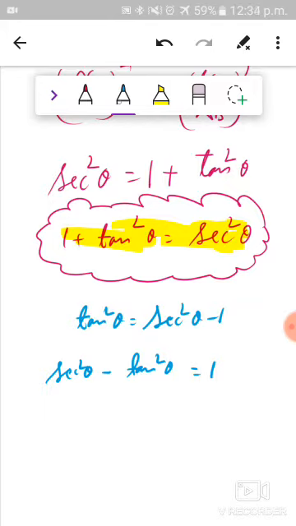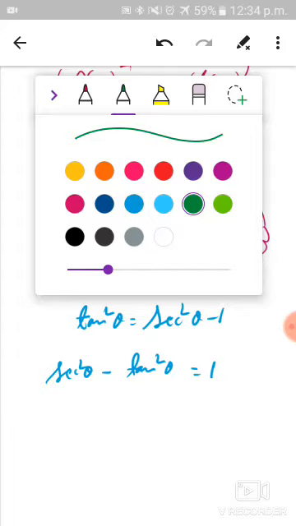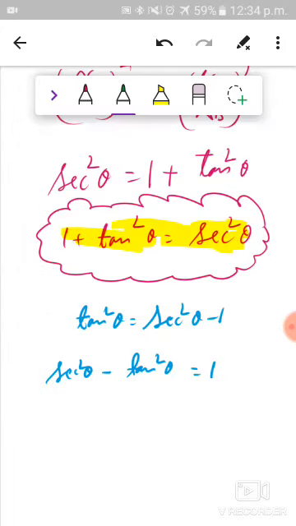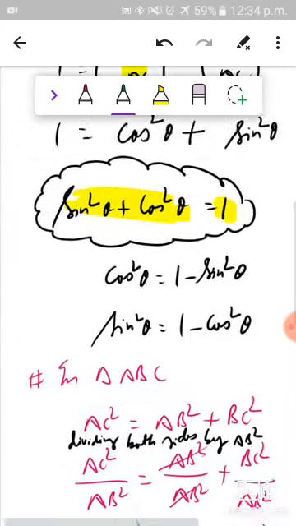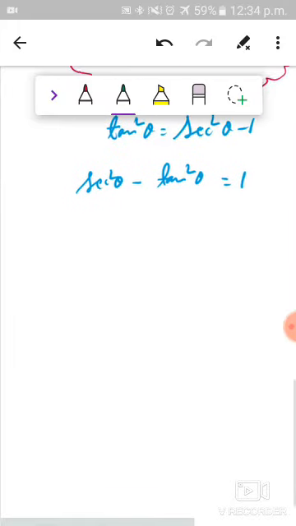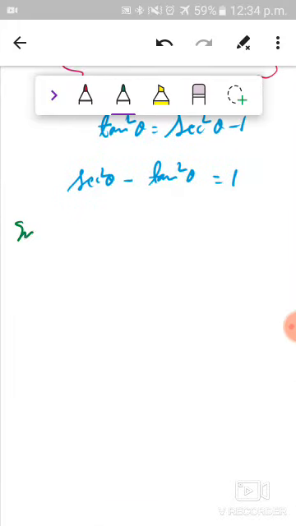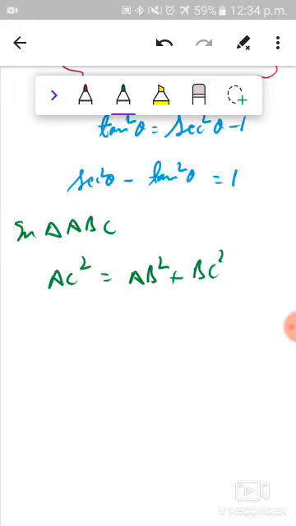Now again in triangle ABC, by Pythagoras theorem, AC square is equal to AB square plus BC square. We have divided both sides by AC and AB also.